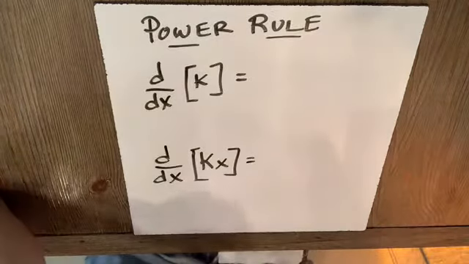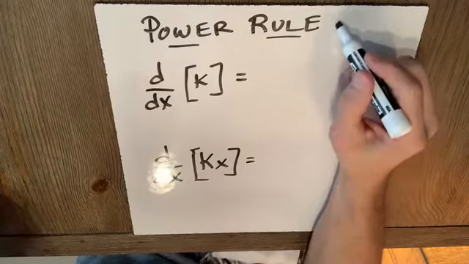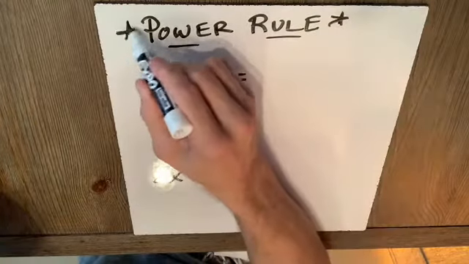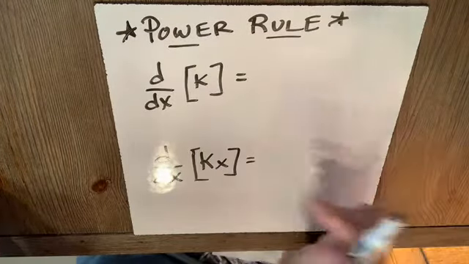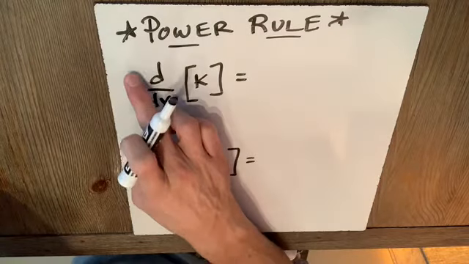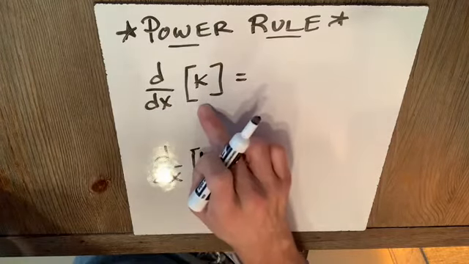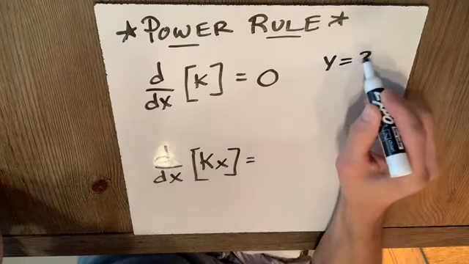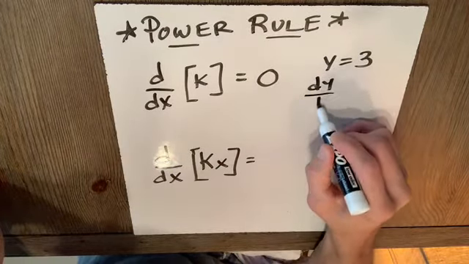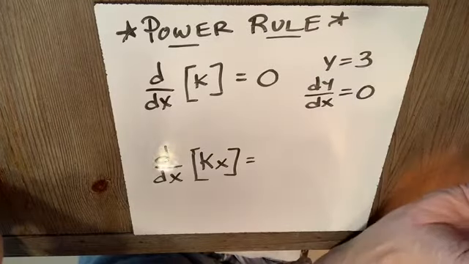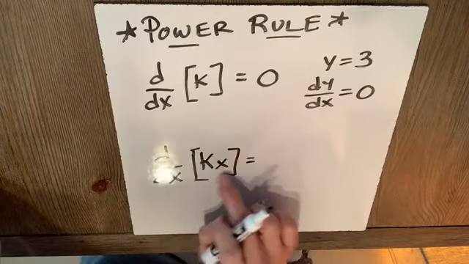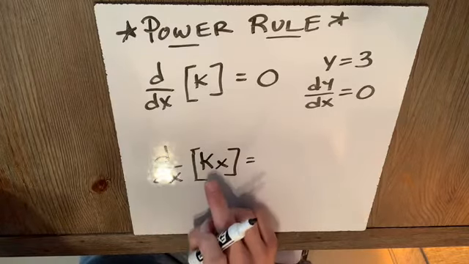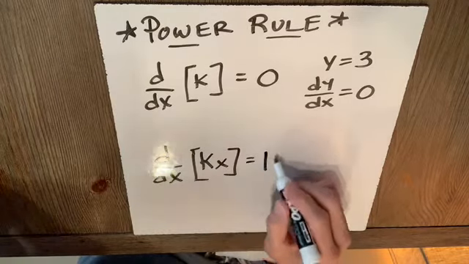We are slowly but surely working our way to get to the power rule. We have not seen the power rule yet, but we have seen the derivative. That's how we read this. D dx of a constant k is 0. For example, when y equals 3, we said dy dx, the derivative, was 0. D dx of kx, we read this as the derivative of some constant times x is the constant.